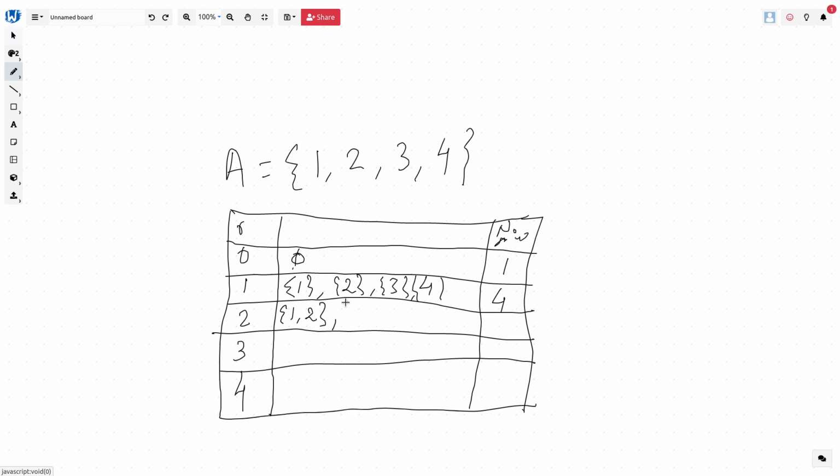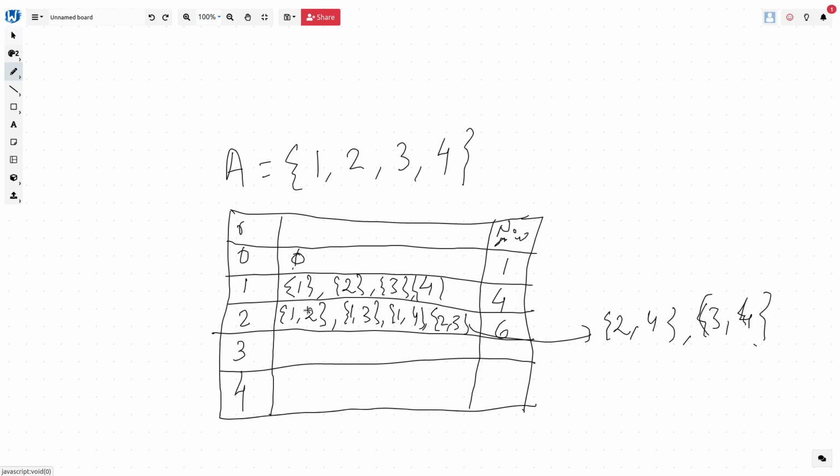There are 6 subsets which can be formed: 1, 2, 1, 3, 1, 4, then 2, 3, 2, 4, and 3, 4. These are the possible subsets of 1, 2, 3, 4 having 2 elements. So this can be done via 6 ways.